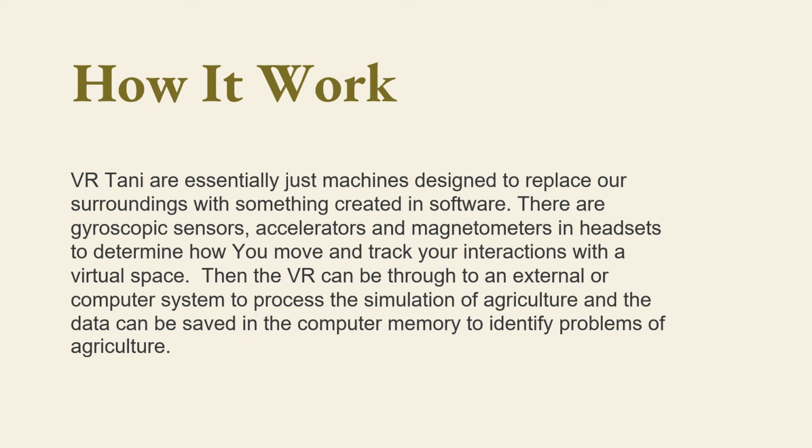Then the VR can also be connected to an external computer system to process the simulation of agriculture, and the data can be saved in the computer memory to identify problems of agriculture.